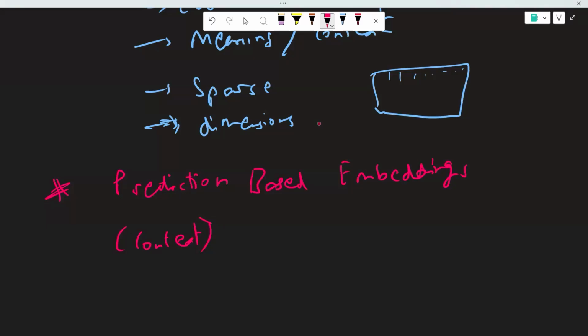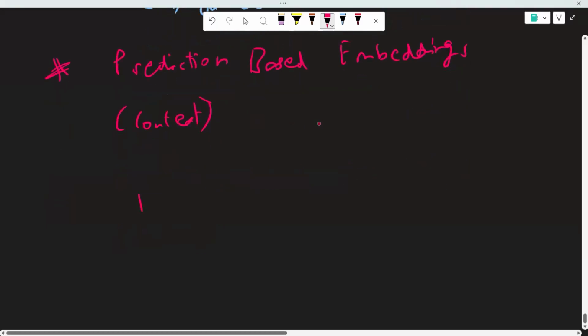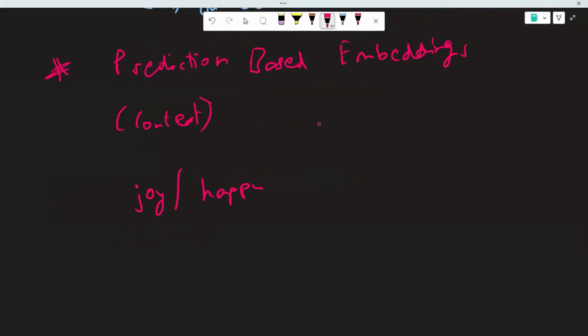The beauty of that is, if you have two words which are similar, for example, let's say joy and happy. As a human, I know that they are the same, like they imply the same, right? So we won't want two columns created for joy and happy. I know that I can save space by just combining them because they are the same words.